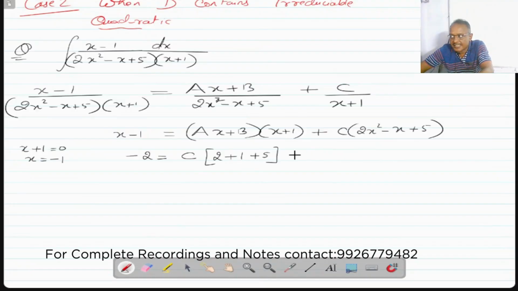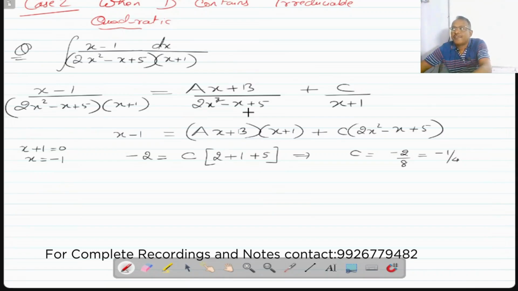What do I get? c equal to minus 4 by 8, minus 1 by 2. यहाँ तक ठीक है बेटू? अभी इसका चांस हो गया, तो और कुछ भी डालने के लिए है क्या मेरे पास? और कुछ भी नहीं है.